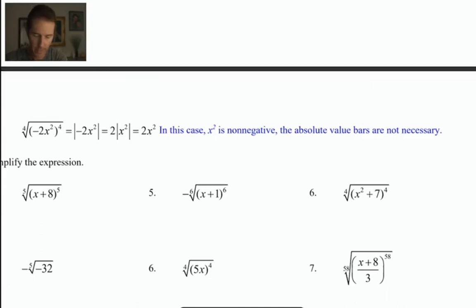And then to the right of that, you see the absolute value bars happening. And then to the right of that, you see the -2 has been taken out and it became a +2. And the x squared, the variable squared, remains inside the absolute value bars. And then, seemingly magically, those absolute value bars disappeared. Why can we just get rid of those absolute value bars? I thought we needed to keep those there to make sure that the answer stays positive.